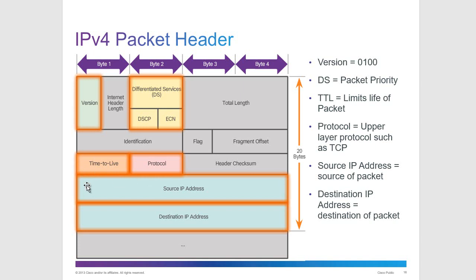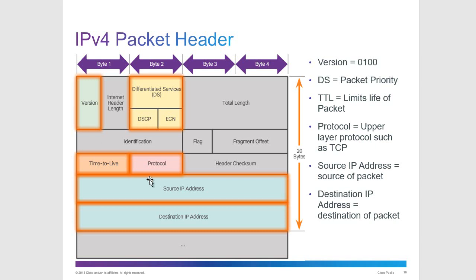Maybe it got lost in the transfer from one place to another, and it's just bouncing off routers endlessly. You don't want this packet out on the internet, on a wide area network, just bouncing off routers. So if it has a time to live of 50, it'll bounce off 50 routers, then be dropped. 20, it'll bounce off 20 routers and be dropped. So that's what your time to live field is.